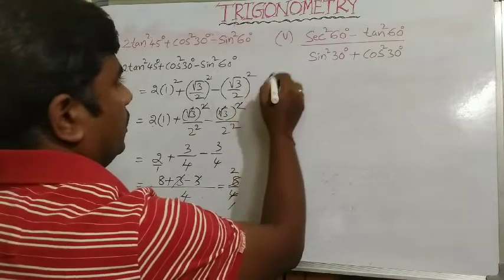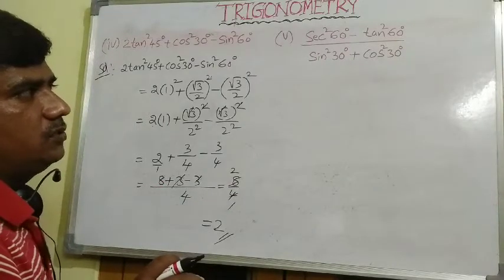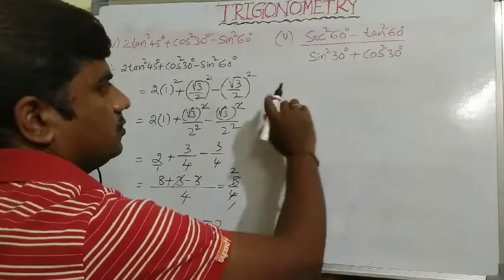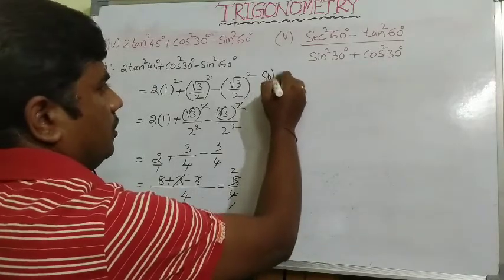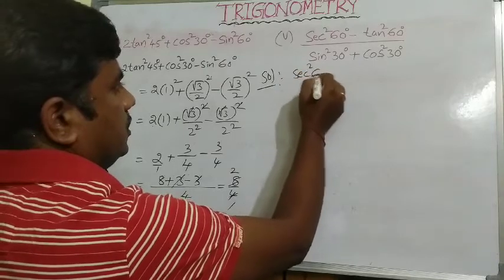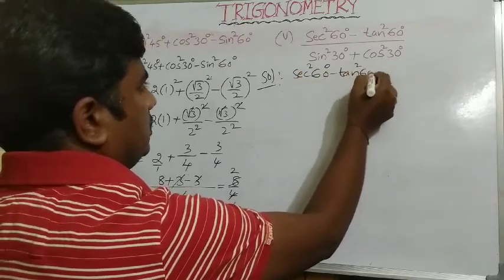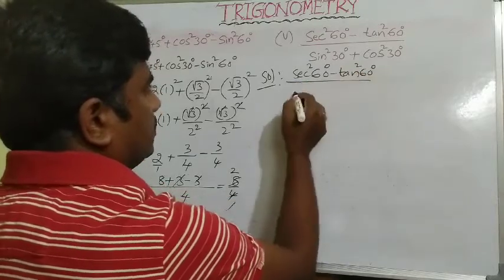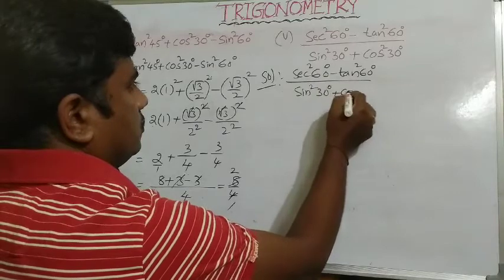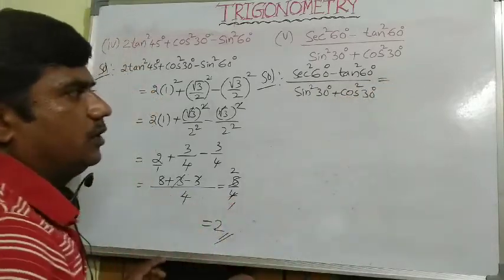Next, the fifth one: sec square 60 minus tan square 60 by sin square 30 plus cos square 30, we have to find the value. So sec square 60 degrees minus tan square 60 degrees by sin square 30 degrees plus cos square 30 degrees. First we have to substitute these values.